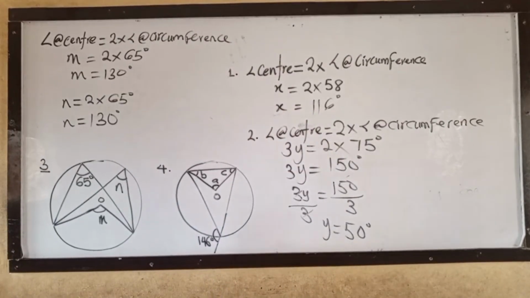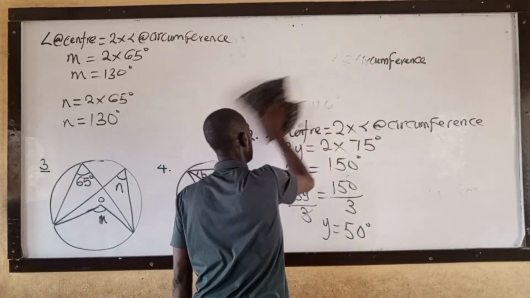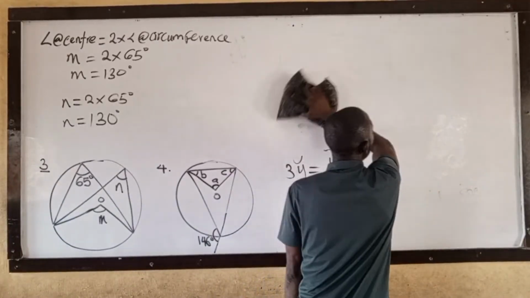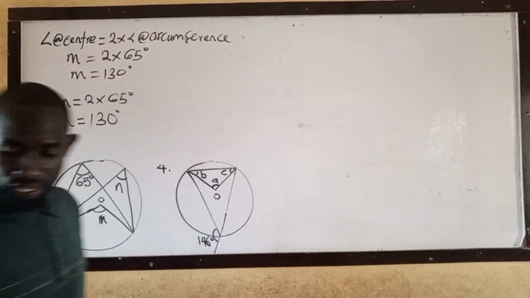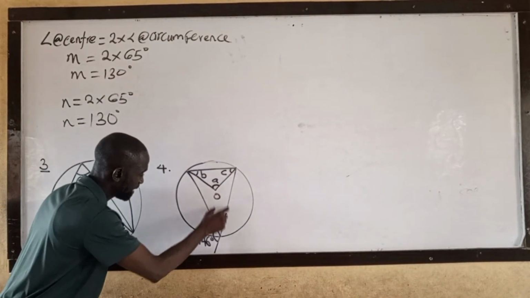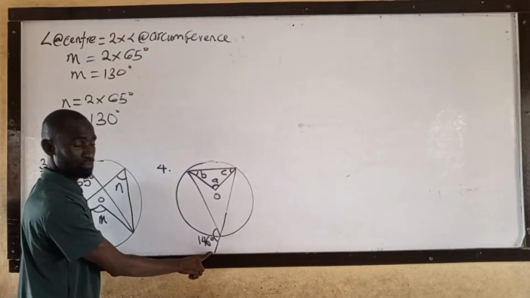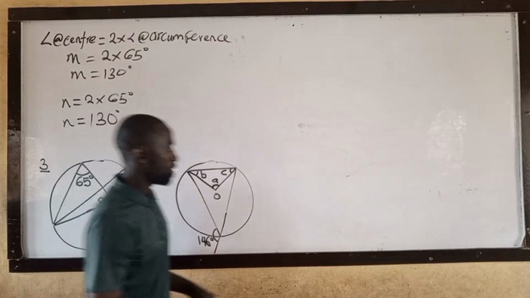So let us continue. There is number 4. Question number 4, be careful here. This triangle extends outside. Okay? So we have something like this.